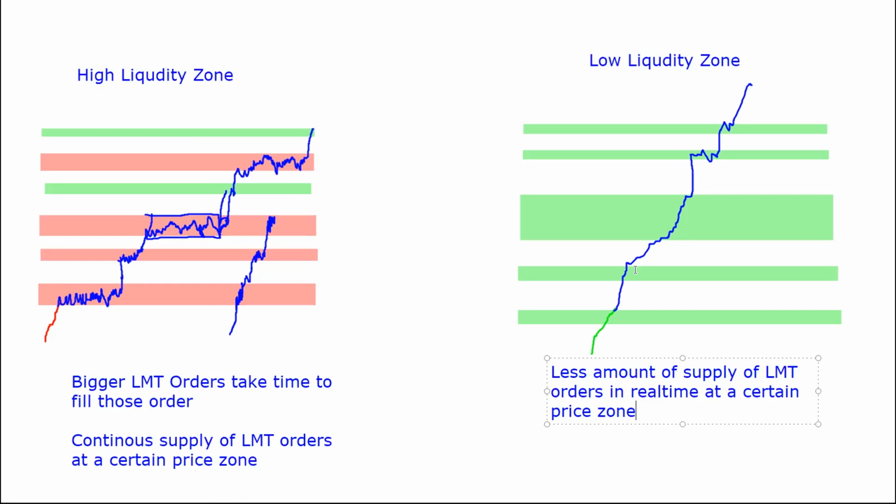And if you want to know much better about liquidity, you have to learn a lot about market microstructure. So I'm going to recommend a couple of books for studying market microstructure. Of course, there is a lot of research material available free of cost.